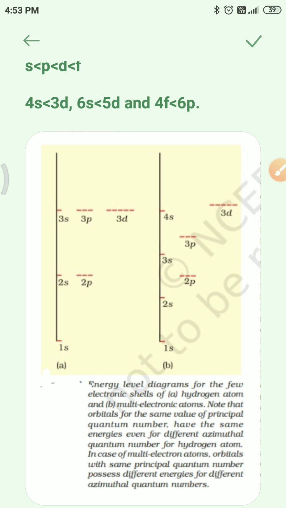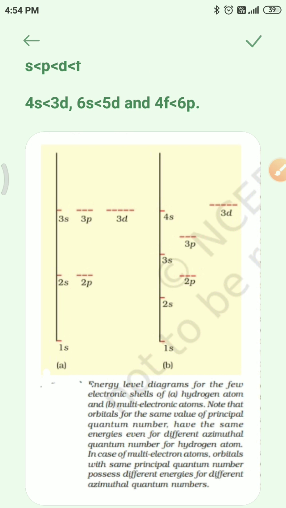Further, within a shell, due to the spherical shape of the s orbital, the s orbital electron spends more time close to the nucleus in comparison to the p orbital electron, which spends more time in the vicinity of the nucleus in comparison to the d orbital electron.